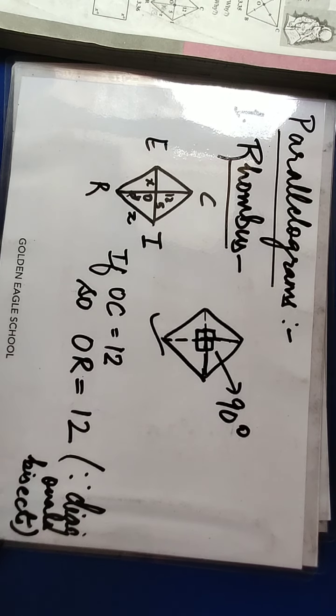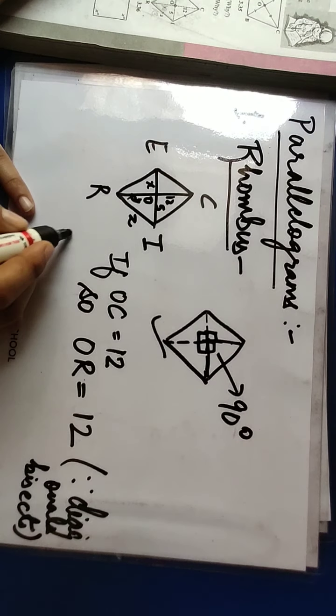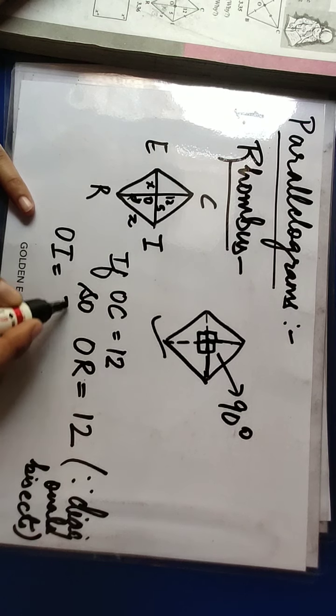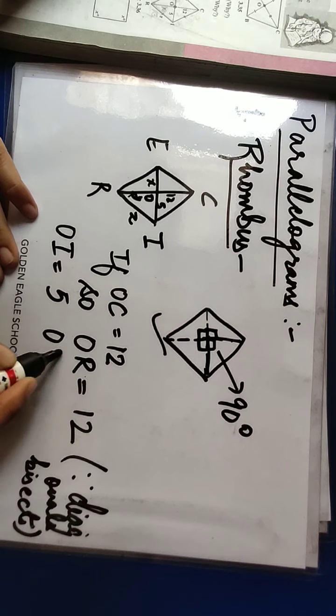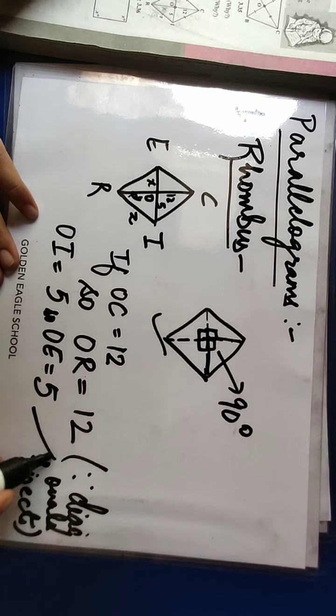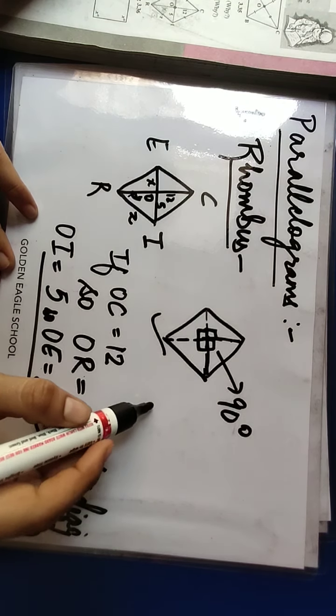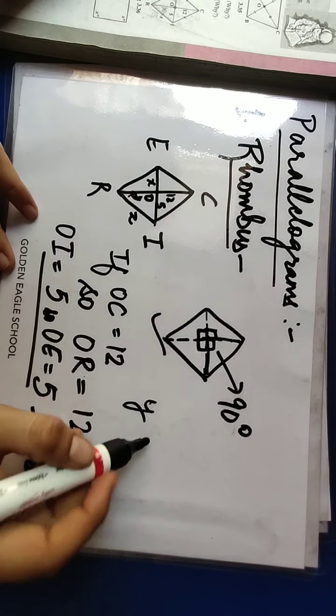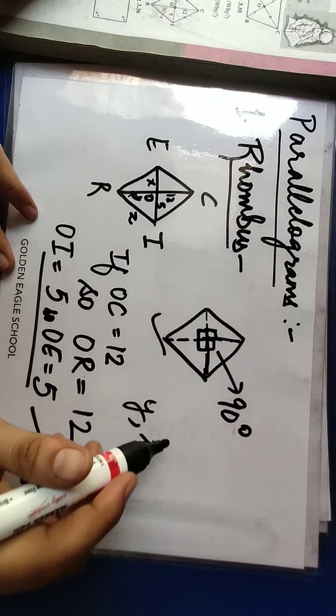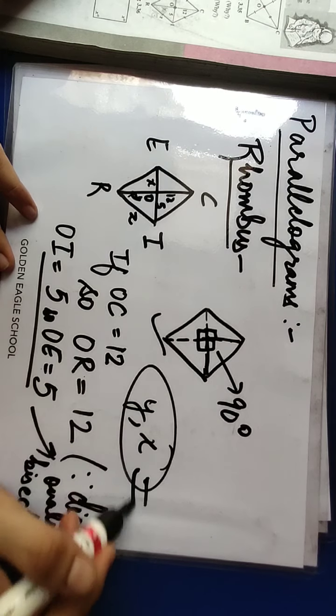So this is for one problem. As we can see, diagonals bisect each other, so OC is equal to 12, so OR will also be equal to 12. Now we are given that OI is equal to 5, so OE will also be equal to 5 because diagonals bisect. So we have found Y and X. These two things we have done.